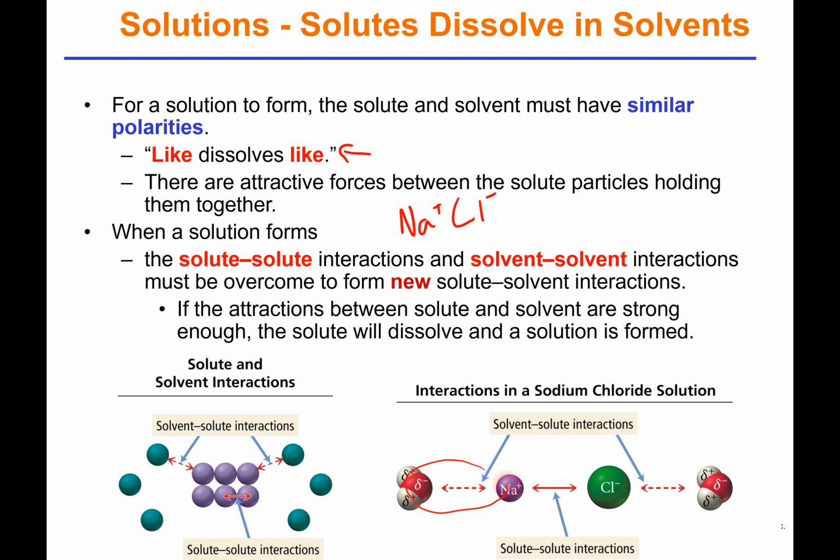Now we have these favorable interactions, and if they're strong enough to break the solute-solute interaction, then we can form a solution. So the point I'm trying to make is that we have to break solute-solute and solvent-solvent interactions and form new solvent-solute interactions, and they have to be strong enough, or at least equal to, the other bonds. That's how we form a solution.